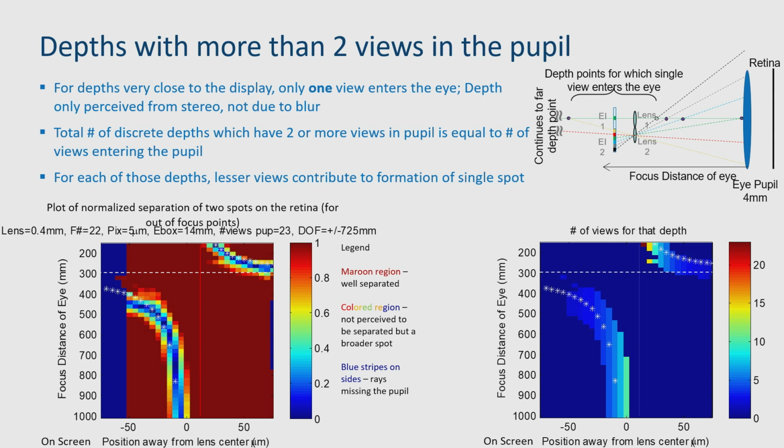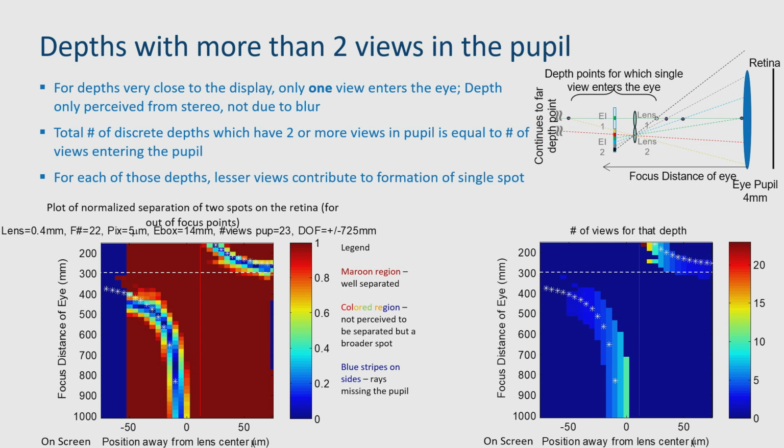One of the major conclusions I drew from this plot is that the depths which are very close to the display, here and here, have only one view entering the eye, even though this example of an integral display has 23 views entering the eye. For certain depths, there's only one view entering the eye.